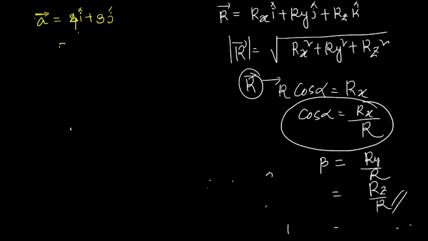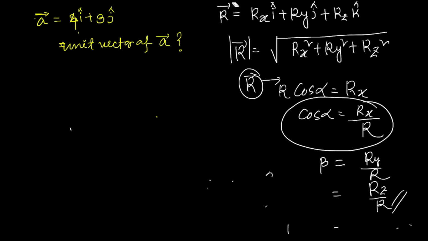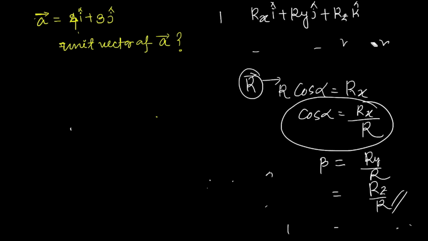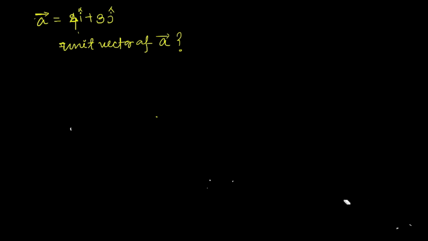Then what is the unit vector of vector A? It is very, very important. How will we calculate this unit vector? How will you find the unit vector? And the unit vector will give you the direction of that particular vector, right?